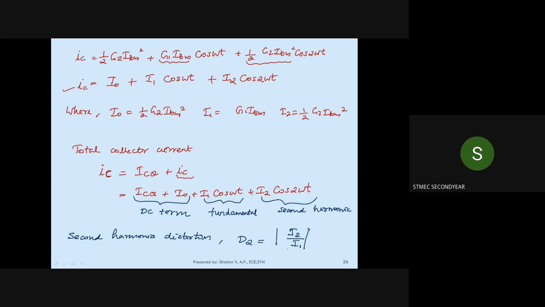This is the second harmonic distortion, that is distortion due to this harmonic component. Actually, our fundamental frequency will be there in the output signal. DC term will be there. This is the term that represents the harmonic component. So second harmonic distortion is given by modulus of this I2 divided by I1.